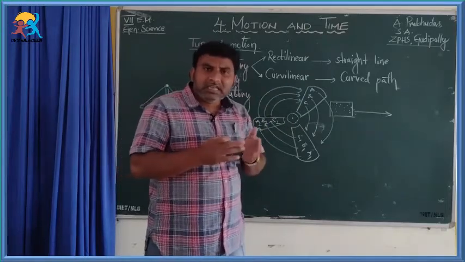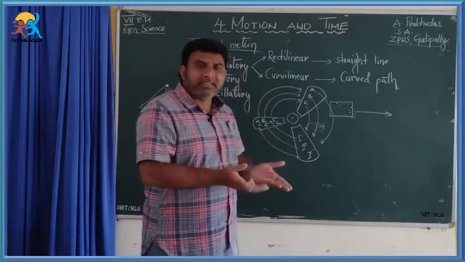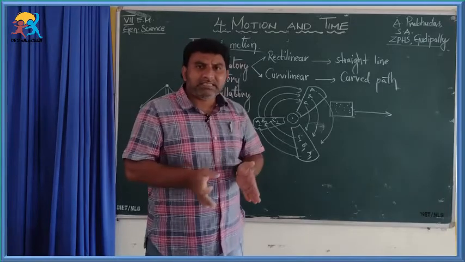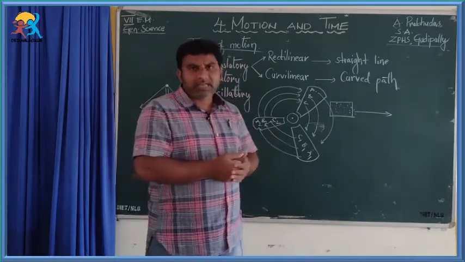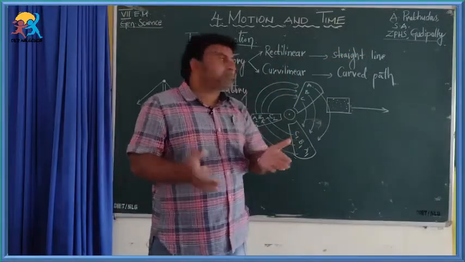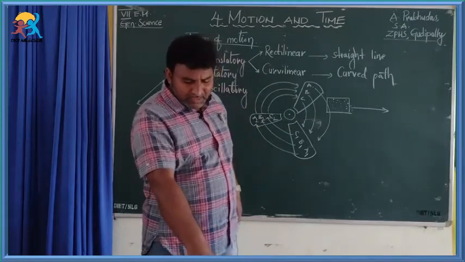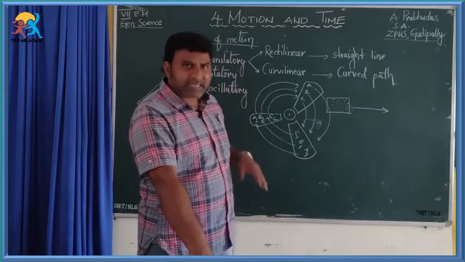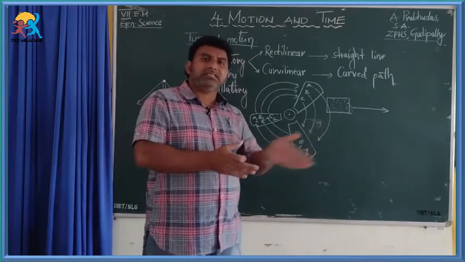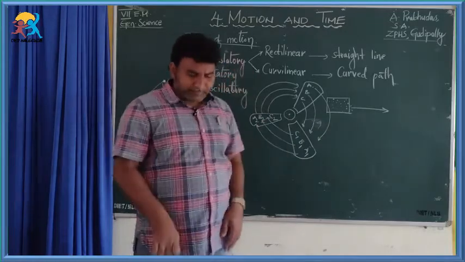If I say a train moving on a curved track has curvilinear motion, that is right. Or if I say a train moving on a track along a straight line, such type of motion is called rectilinear motion. If you do not know the direction of the train, whether it is moving in a straight line or curved path, you can simply say translatory motion.